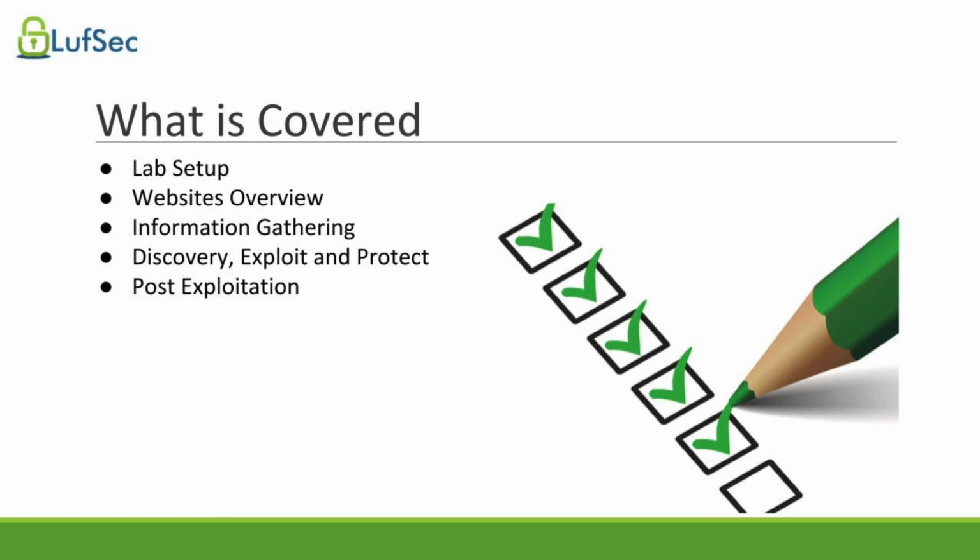Then, before going directly to hacking, we'll talk a little about how websites work. Then we move to the first step of web application hacking, which is information gathering. Then we'll move to discover, exploit, and protect, and we will be very, very practical. I'll always provide some tips on how to protect the systems from the topics we covered.